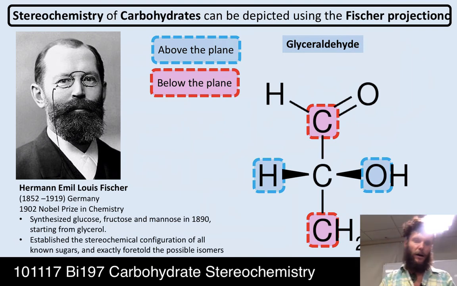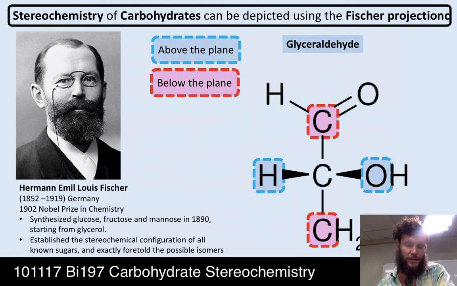Before I leave this slide, a couple other things about this guy. He was also the first to chemically synthesize glucose and fructose and mannose in 1890, starting from glycerol. He took glycerol and was able to make glucose out of it.